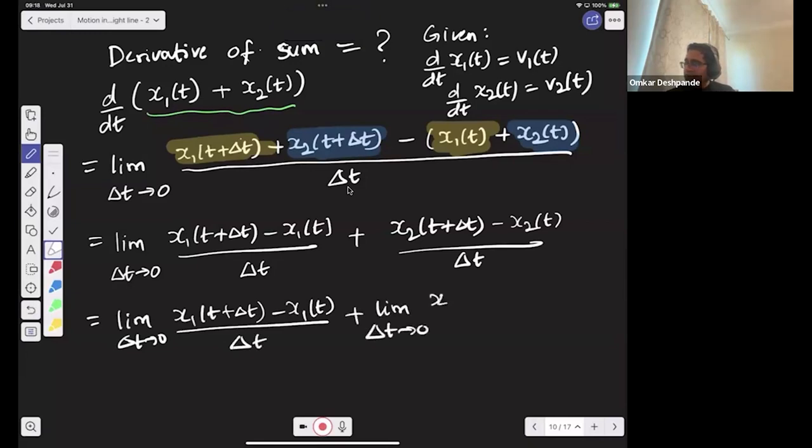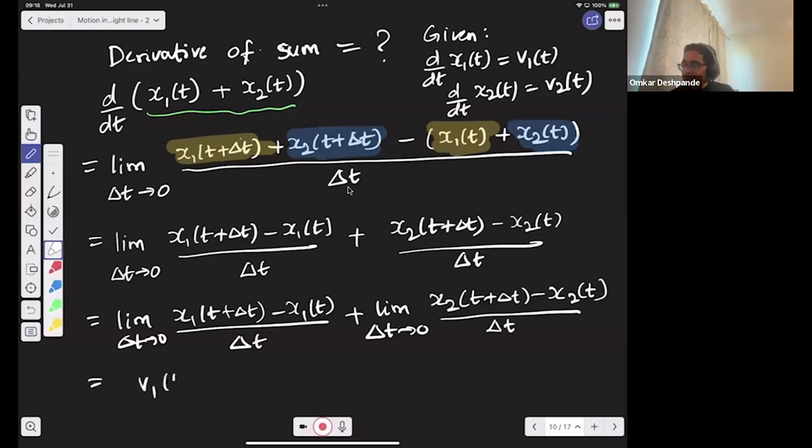I mean, it's just saying the same thing. I'm just making it more clear that we are splitting apart these two pieces and asking what does the first piece become as delta t approaches 0?